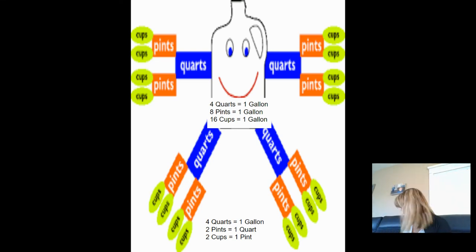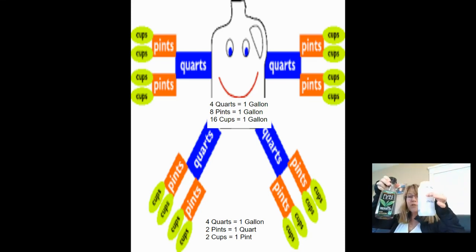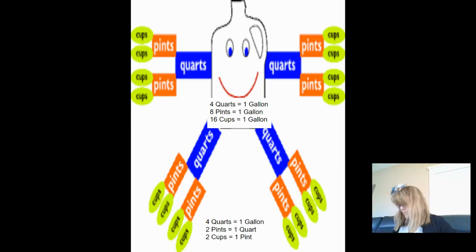Half of this is 1 cup, but this is equivalent to about 2 cups. So even though they're different shapes, to measure the capacity of these containers, their volume of what they hold, because it's liquid, is volume, what they hold is the same. I know I drank some of it, but pretend it's full.